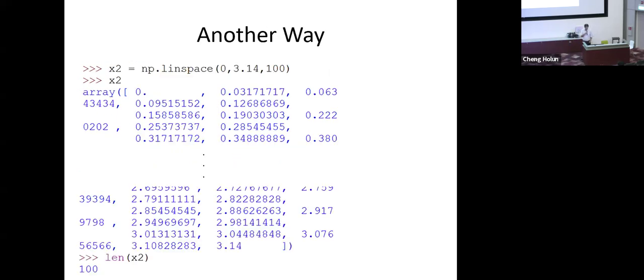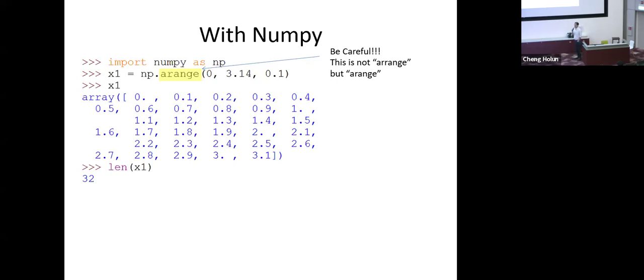Of course, you can do it another way. The other one is linspace. What does linspace do? With arange, you tell NumPy from 0 to 3.14 and the interval, but you may not know how many entries there are. Sometimes you want to fix that.